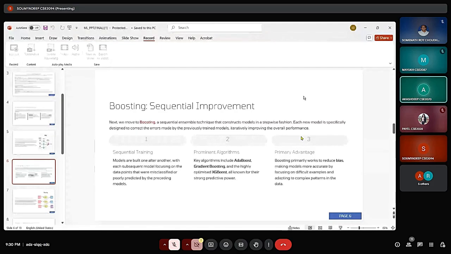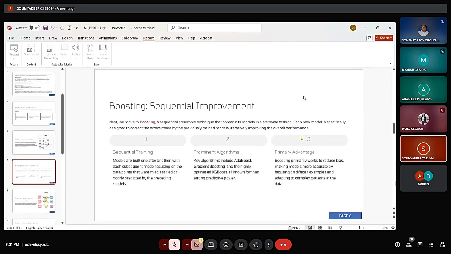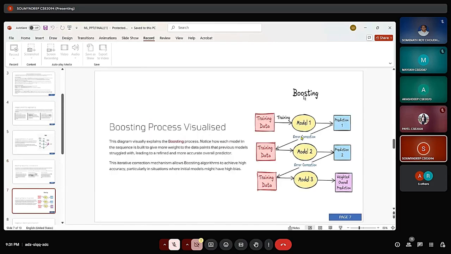The training of each subsequent model focuses on data points that were misclassified or poorly predicted by the preceding models, and the algorithms involved are AdaBoost, gradient boosting, and the highly optimized XGBoost. The primary advantage is that it reduces bias by making models more accurate by focusing on different examples and adapting to complex patterns in data.